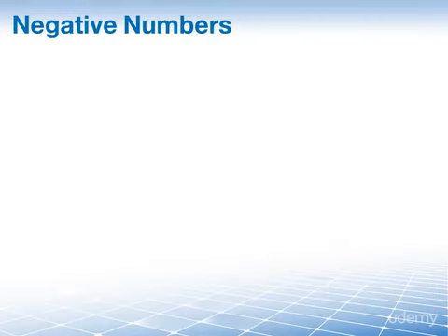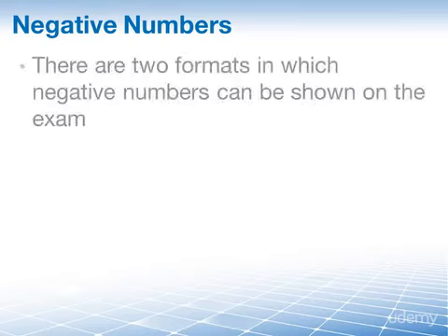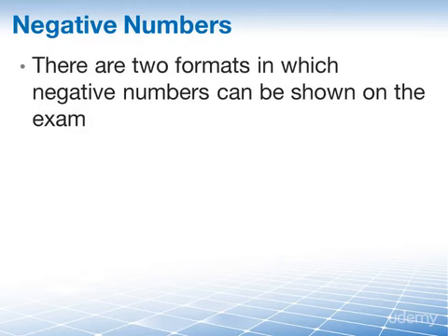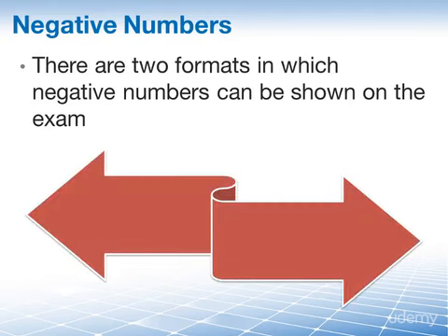To finish this off, I'd like to discuss negative numbers with you. Yes, numbers that are below 0, because there are two formats in which negative numbers could be shown to you on the PMP exam. And the first format is simply the number 1, 2, 3 there with a minus sign in front, which means this is minus 123.